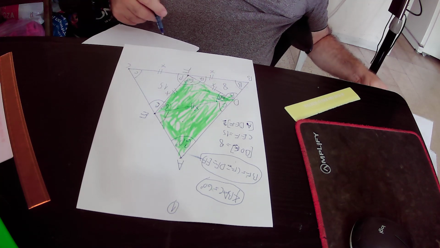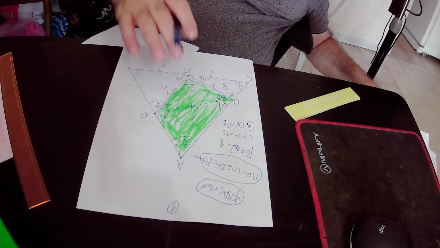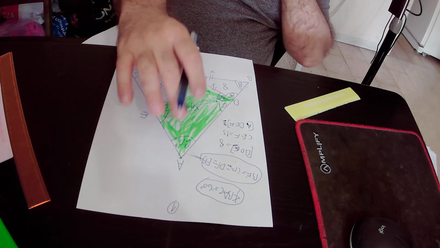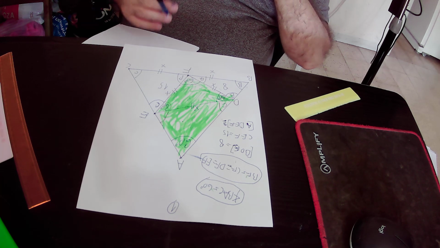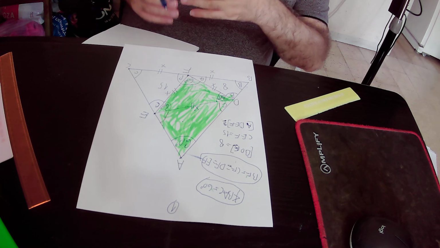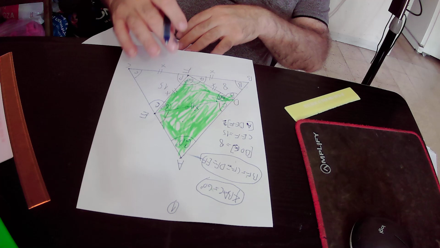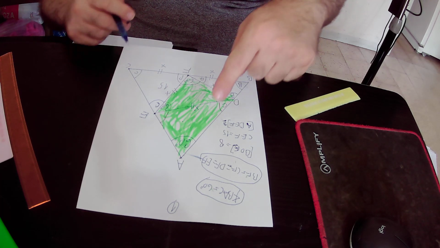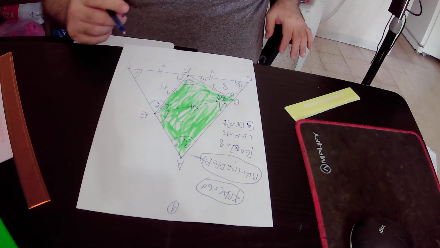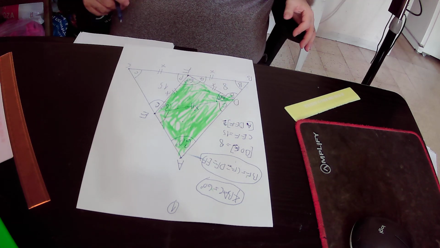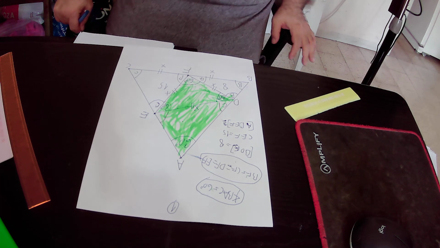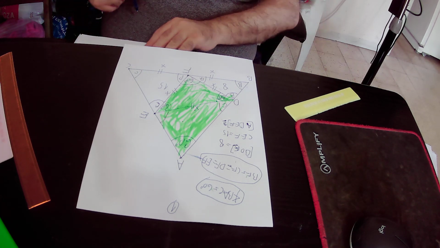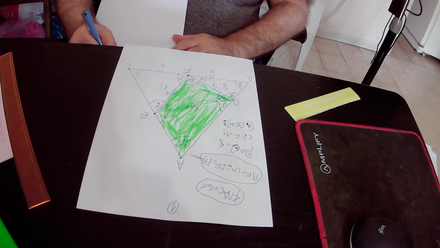Okay, we will repeat the same process on the other side of triangle ABC. Again, we know that the sum of the angles on a straight line is equal to 180 degrees. AC is one of the sides of triangle ABC, therefore AC is a straight line.